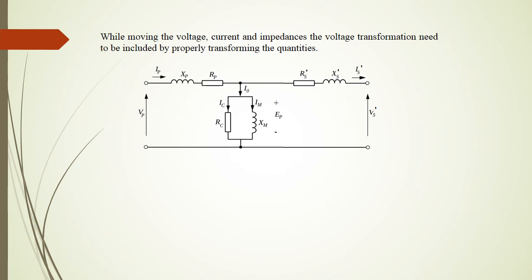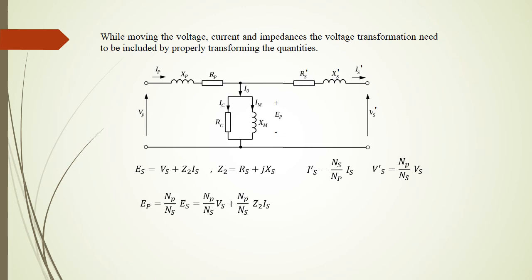We can refer all the components to the primary side like this, and when we do this, the exchange formula is that we multiply with the turn ratio, and therefore the voltage will be multiplied with the turn ratio, and the current will be divided.